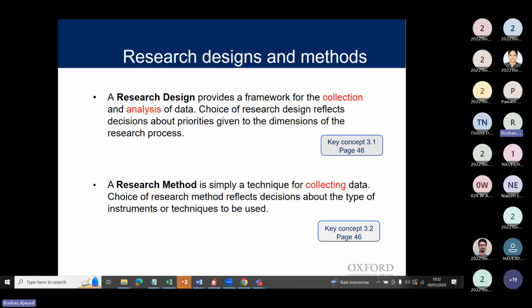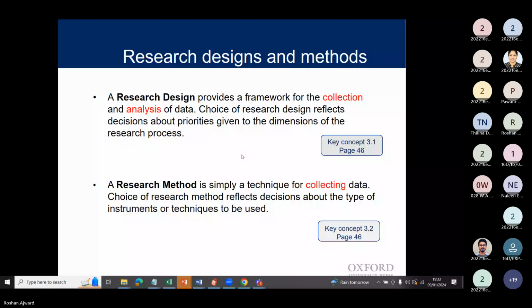So it's much more broad. And you can see research method is a part of research design. Is that clear, Buddha? Did you understand? Yes, sir. Very good.